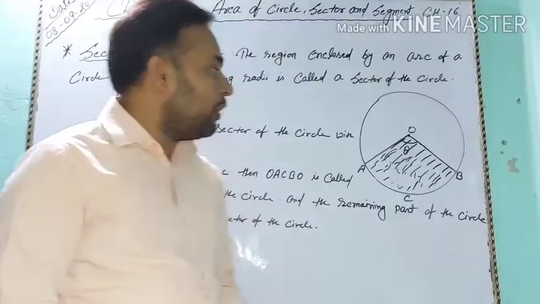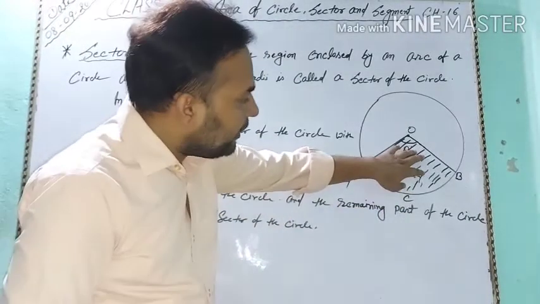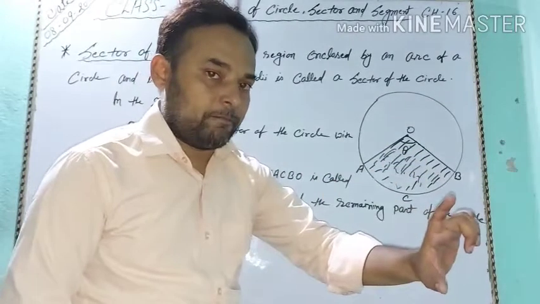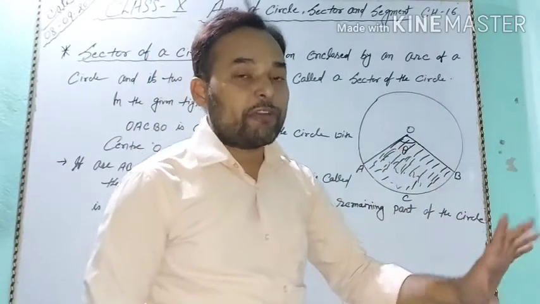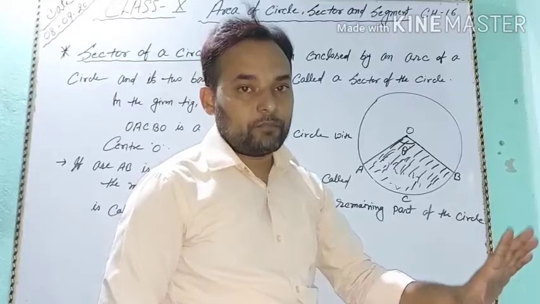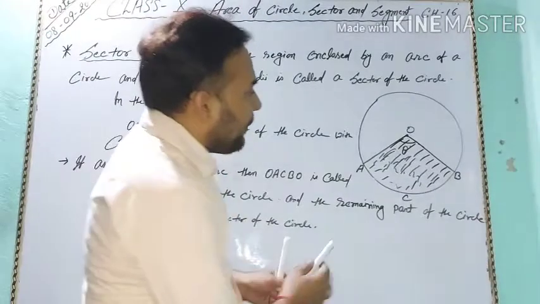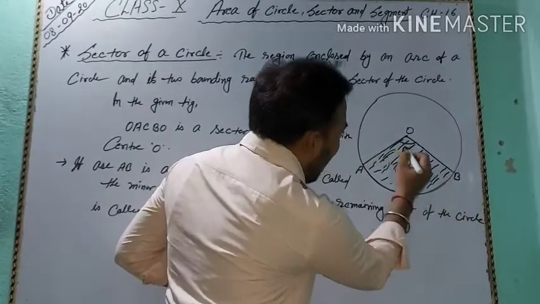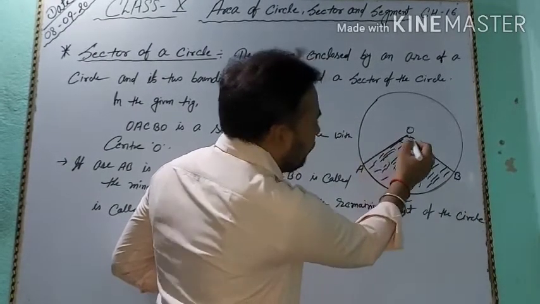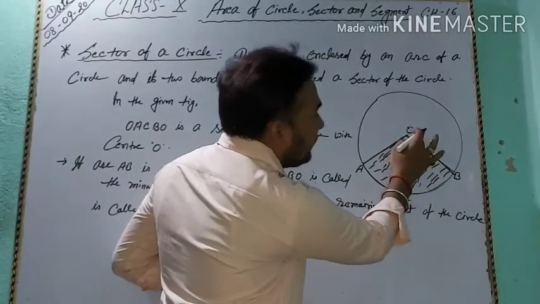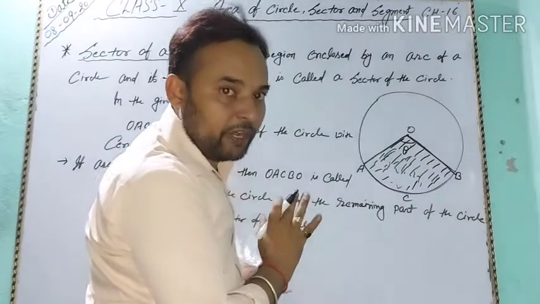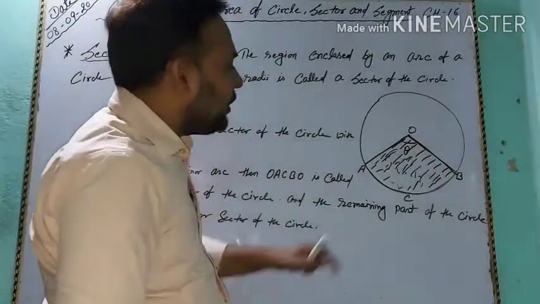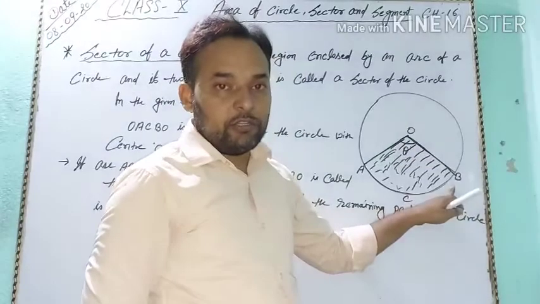Okay, so the sector of the circle is a part of a circle. This part is bounded by an arc AB and the two radii OA and OB, where O is the center of this circle, OA and OB are the radii and AB is the arc of this circle.